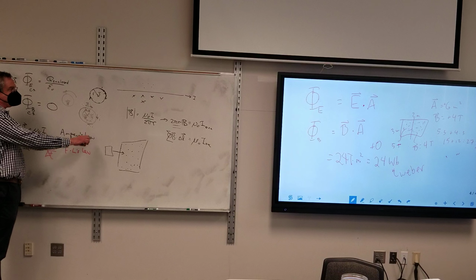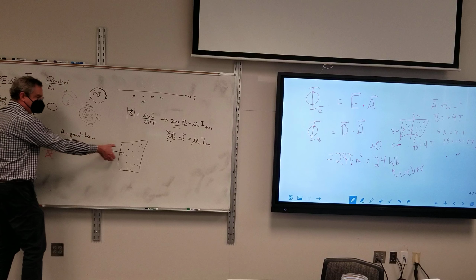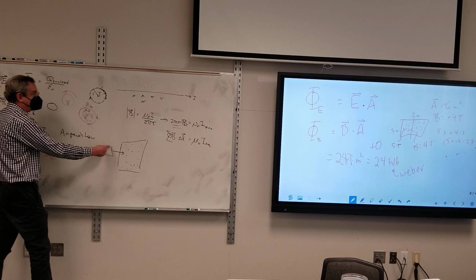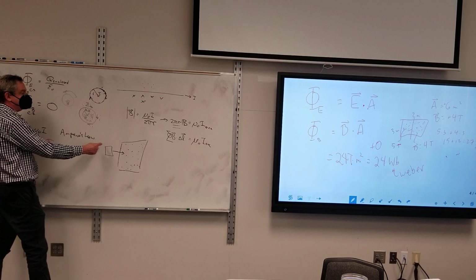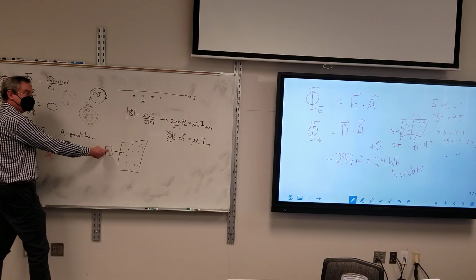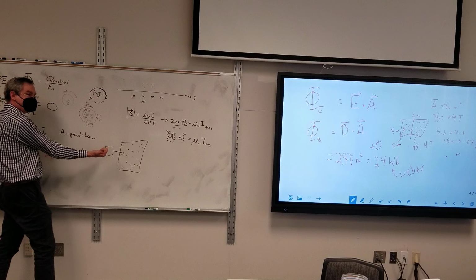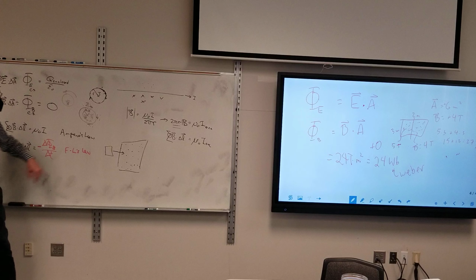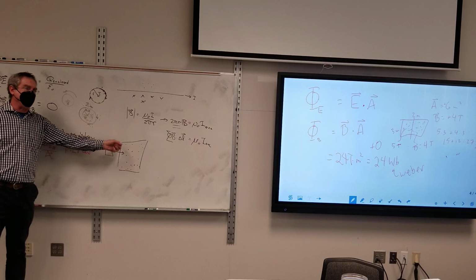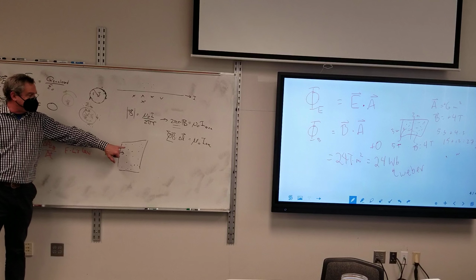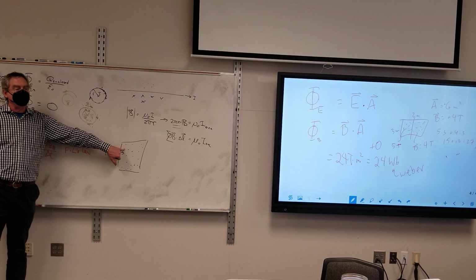If my induced current is clockwise, it's going to create a magnetic field in. If it's counterclockwise, it's going to create a magnetic field that's coming out. So the induced magnetic field could be in or it could be out. It's either going to augment this magnetic field or it's going to counter it.